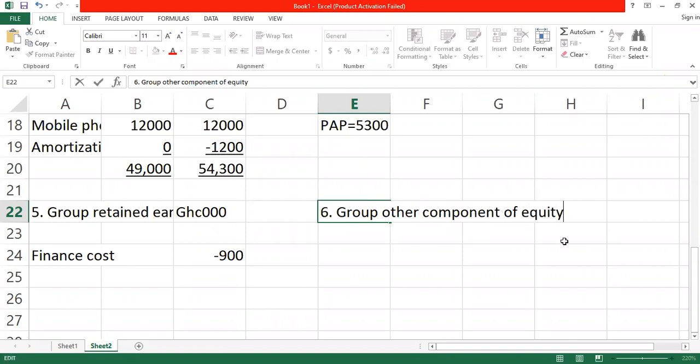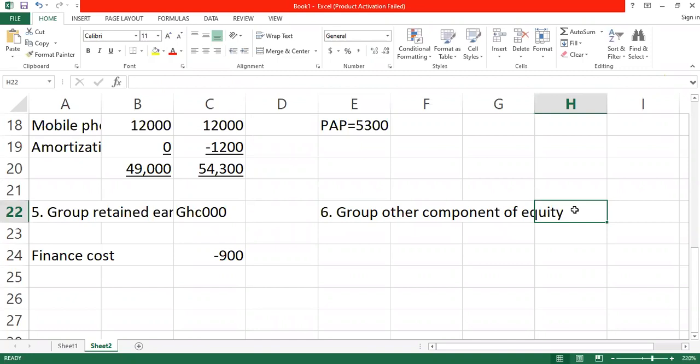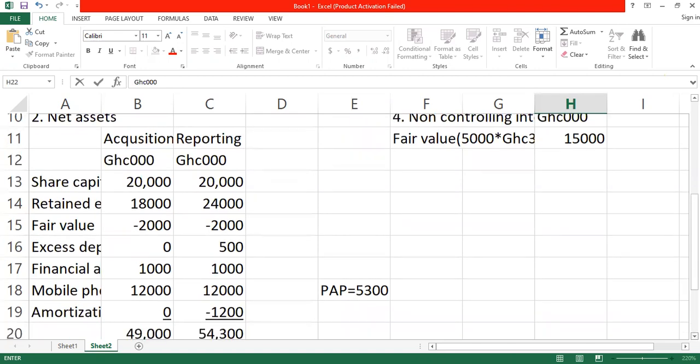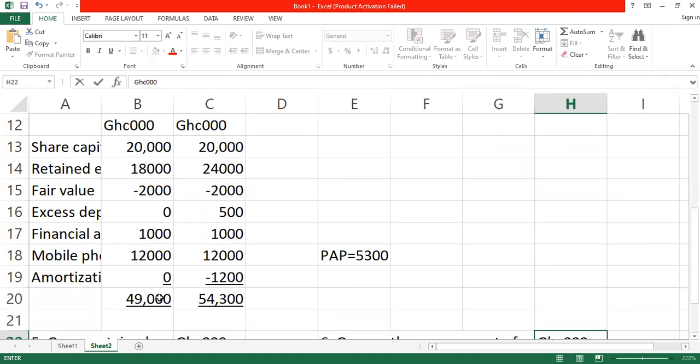If we are using proportional share, it means that we are going to find 25% of 49,000, isn't it?